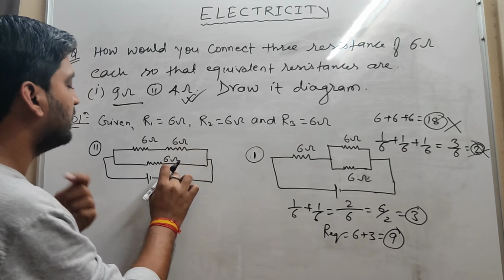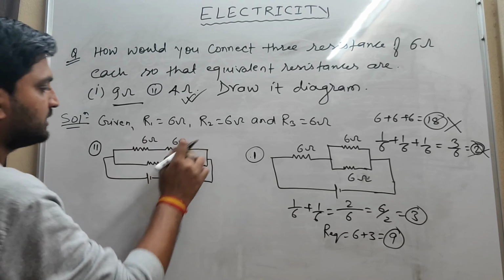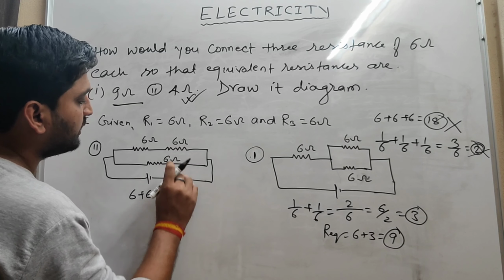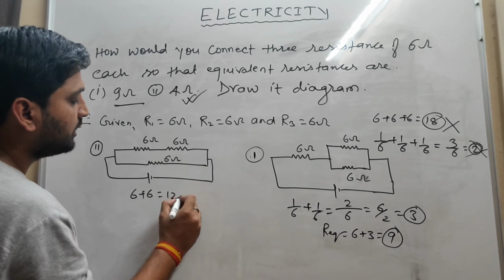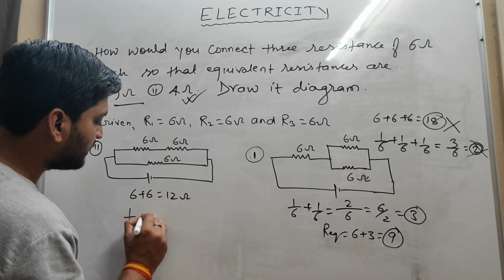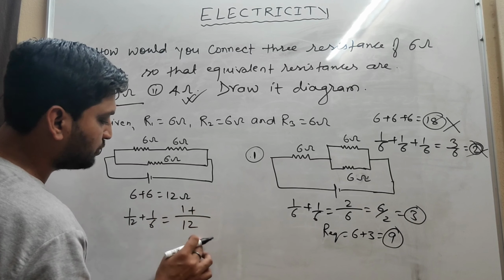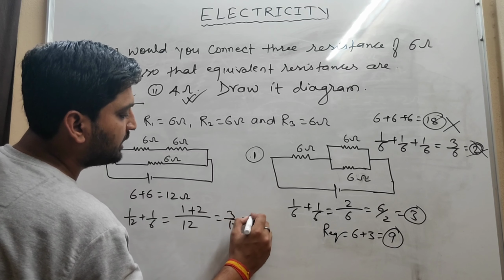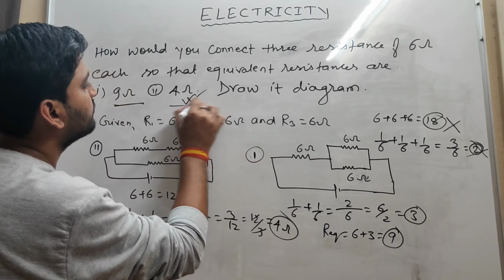The combination of these two in series will be 6 plus 6, 12. Now the equivalent of these two, 12 ohm, and 6 ohm will be in parallel. So 1 by 12 plus 1 by 6, with 12 as the LCM, is 1 plus 2, 3 by 12. As we take the reciprocal, 12 by 3, 4 ohm. See, we got 4 ohm.